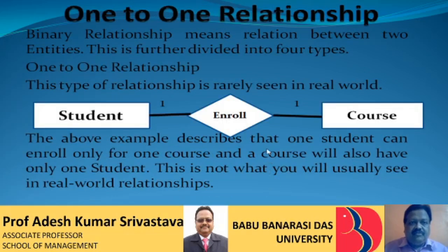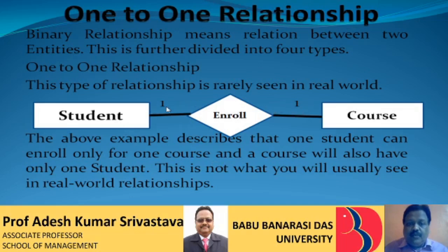Now we'll first discuss one to one relationship. Binary relationship means relationship between two entities. This is further divided into four types as we discussed. So first is one to one relationship. This type of relationship is rarely seen in the real world. Means one entity has a relation with another one entity. Both sides there is only one entity. The above example describes that one student can enroll for only one course.